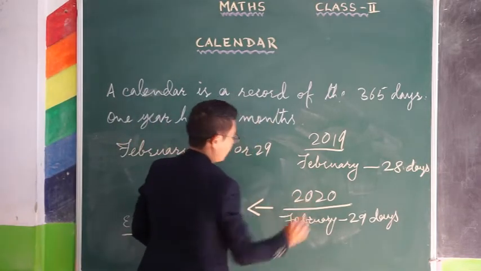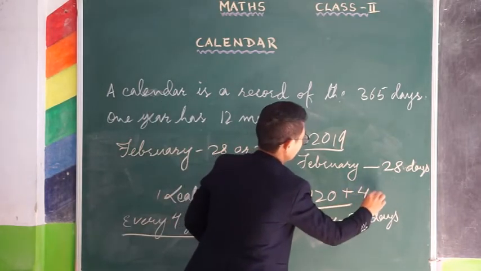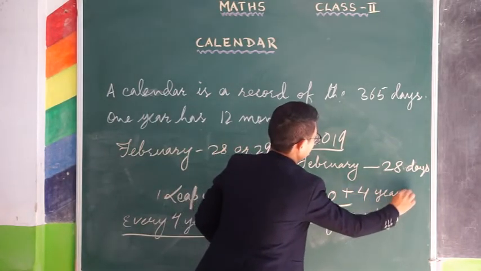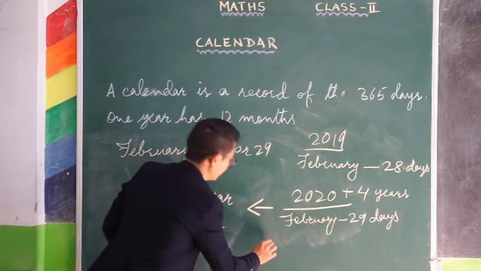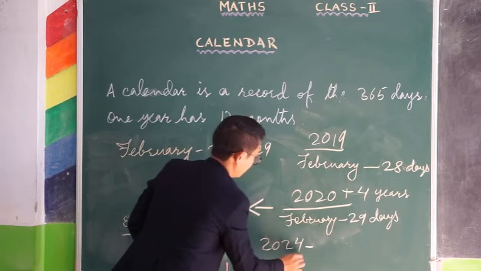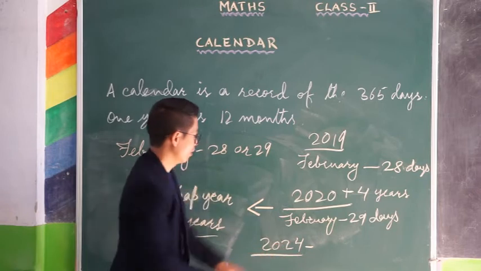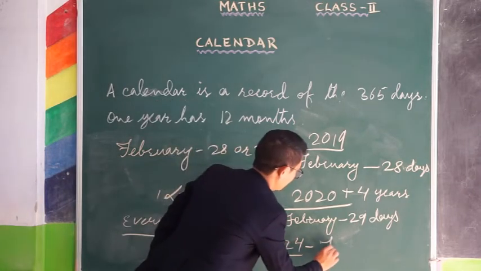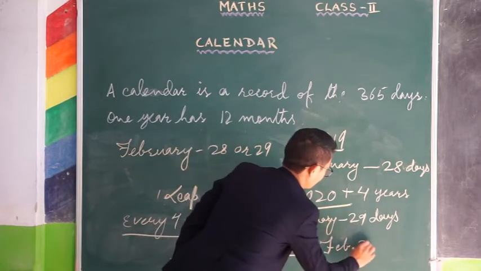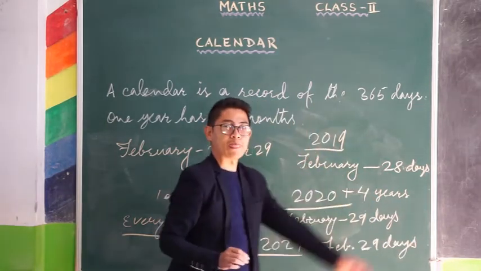Now this is 2020, isn't it? Now 2020 plus 4 years. If you add, it will be 2024. Now when you see the calendar 2024, again you will have February month 29 days. Okay?